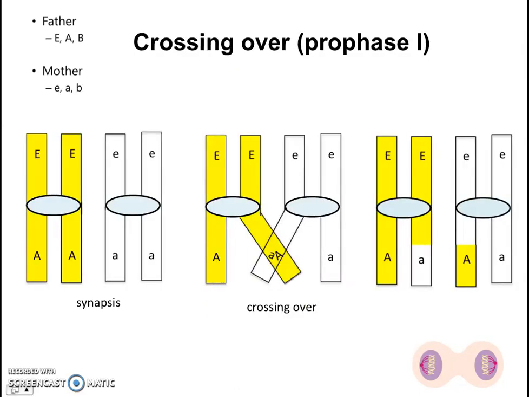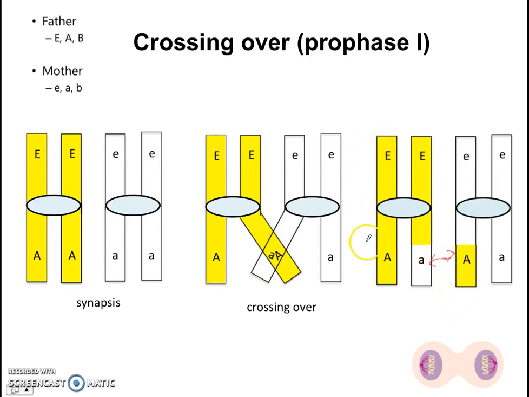Remember that crossing over takes place during prophase 1, where pairs of homologous chromosomes pair up closely through a process called synapsis, and then they can cross over at points called chiasmata, and they may exchange lengths of DNA with one another. They may exchange alleles with one another.